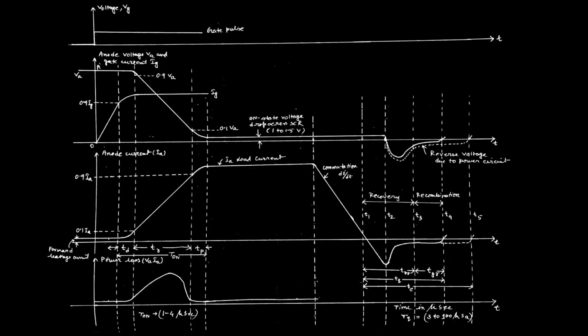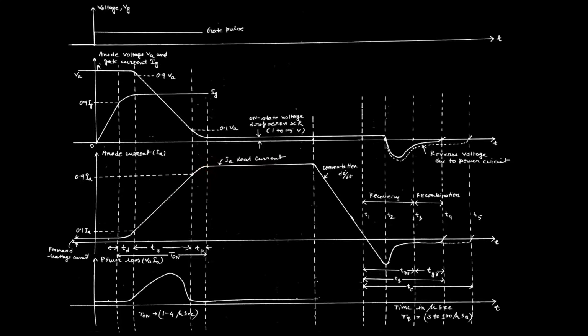After that, when the gate current is at a constant magnitude of 100% of its initial value, the gate current spreads over the entire P region directly connected to it, and the anode voltage falls to a particular value while the anode current rises to a particular value.